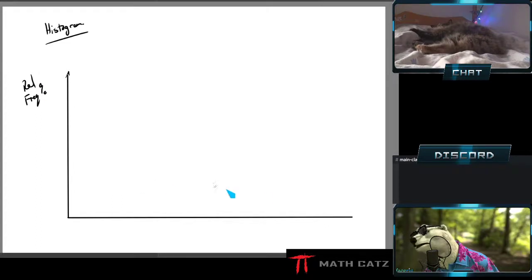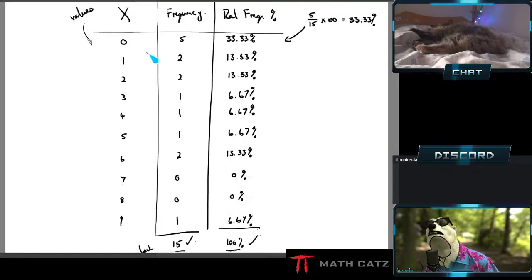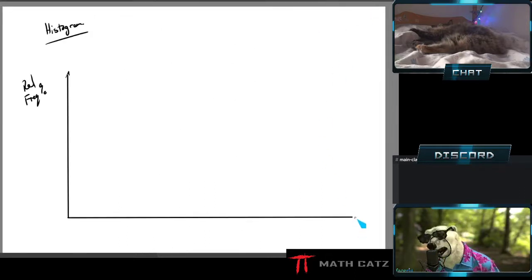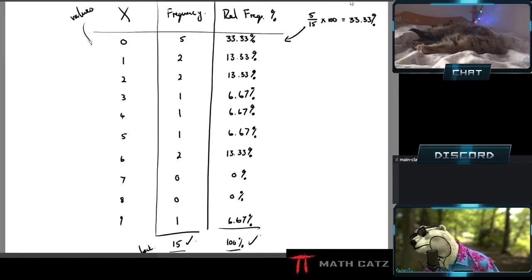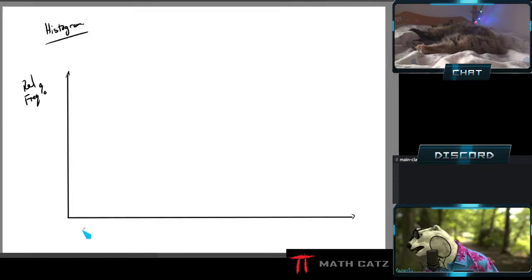Why not? Just do the frequency as well, but the distribution shape is going to be the same. Here I have my specific X values. Now, some people get a little uncomfortable that 0 has to be on this vertical axis. No, not really, right?